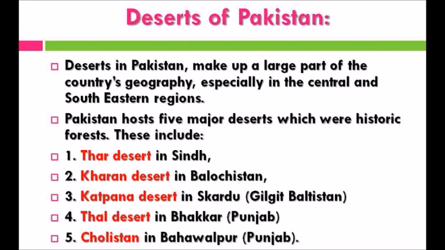Second one, Kharan Desert in Balochistan. Katpana Desert in Skardu, Gilgit-Baltistan. Thar Desert in Bakhar, Punjab. Fifth one is Cholistan, which is located in Bahawalpur, Punjab.